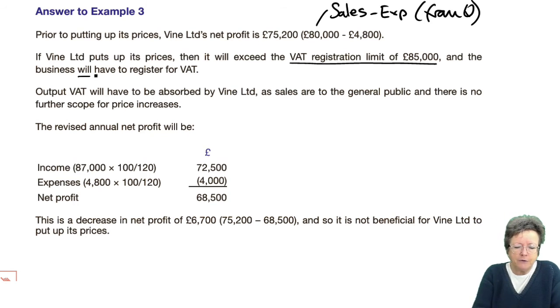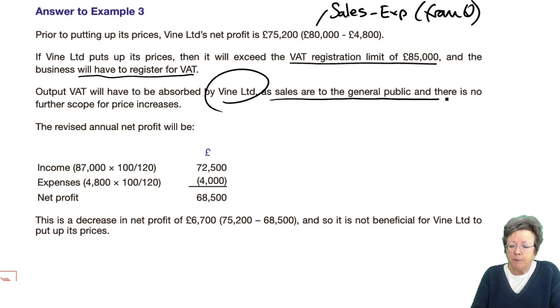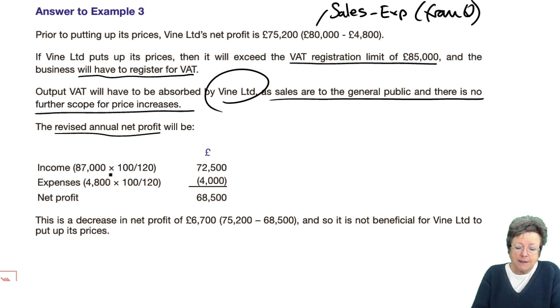So they will have to register for VAT. Now, output VAT will have to be absorbed by Vine as the sales are to the general public, and there is no further scope for price increases. So their revised profit would be 87,000 times 100 over 120 to account for the VAT.